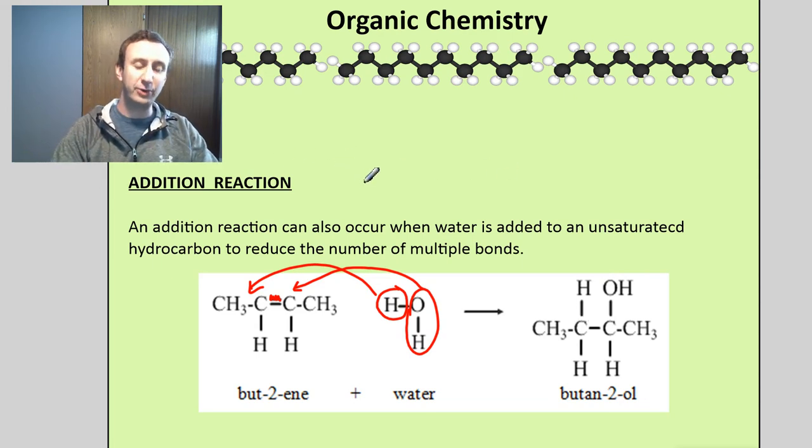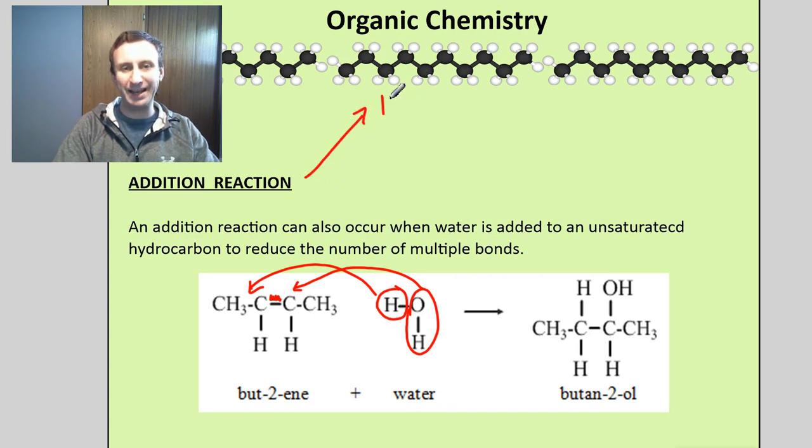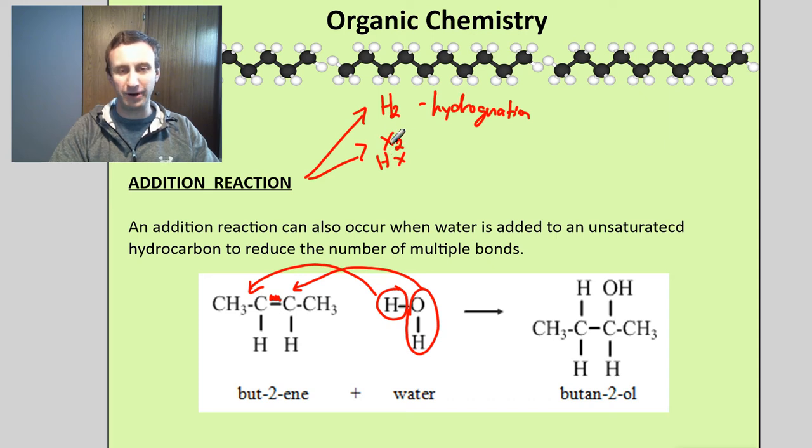So that's an addition reaction, which means that we've now covered quite a few different types of addition reactions. I've had addition where I'm adding H2, which is called hydrogenation. I've had addition where I've added a halogen, let's call it X2 or HX, where I'm adding either a halogen molecule like Cl2 or a hydrogen halide.